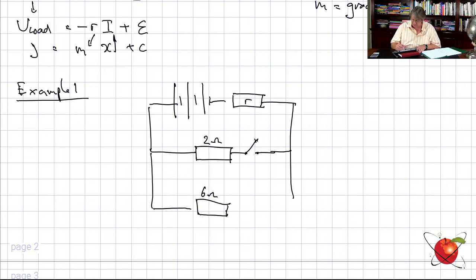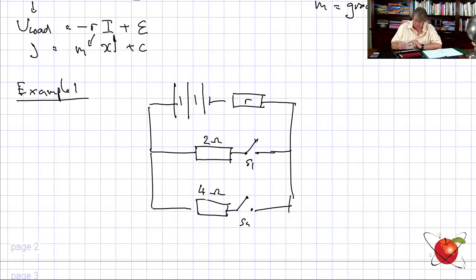And a 4 ohm resistor over there. And I've labeled this switch 1 and switch 2. Right, and they say, what is the ammeter reading and why?